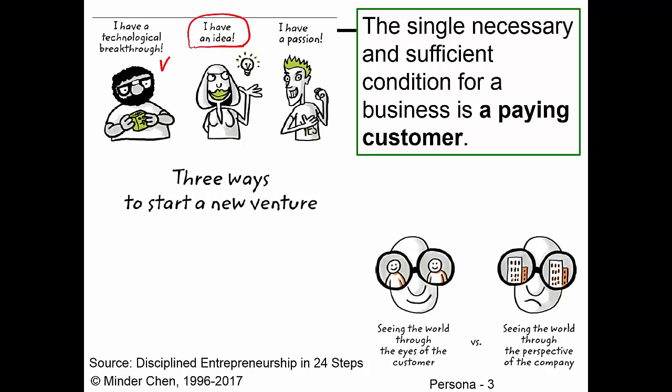Okay. The third potential kind of entrepreneur is the one who has a passion for a certain area and decided to look for a possible solution in the technology and create a business model to serve a certain segment of the users.